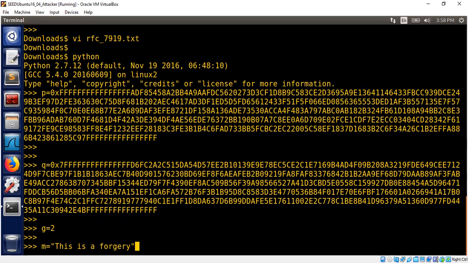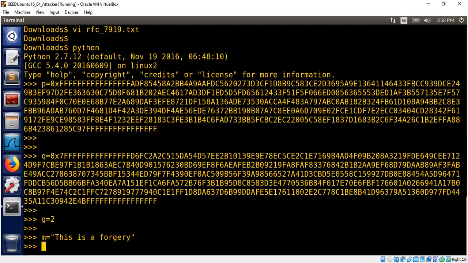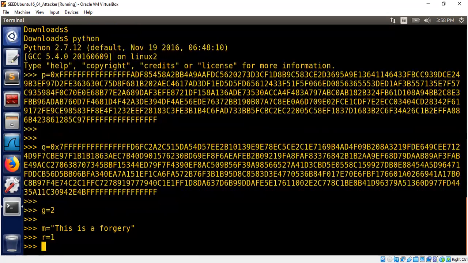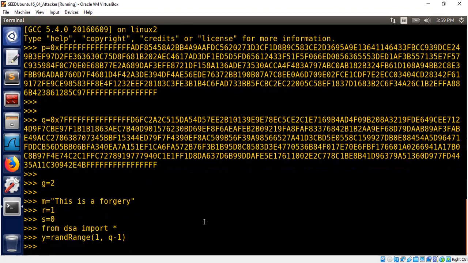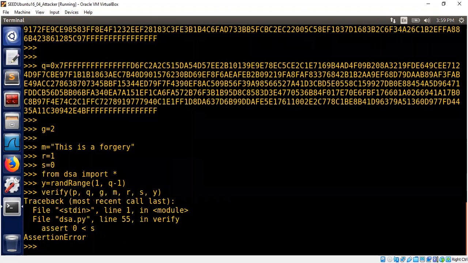Then I need my R and S. I set R to be 1, S to be 0, and I need a random Y. Y has to be a public key. In any case, we will just select a random range. And now, if we call the verify function, it better fail because we are checking whether it is actually non-zero. You see, assertion failed.